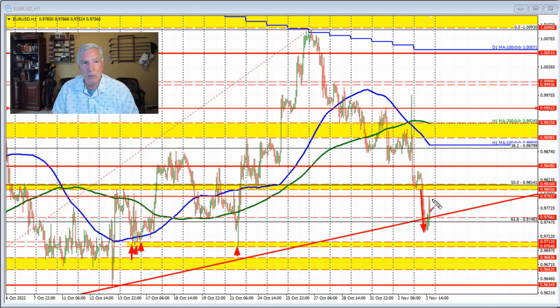But the price did move back to the upside. And what did we find on the corrective move to the upside? Well, what we saw was the price move up to a high near the 0.9794 level right here. And why did the price stall against that level? Well, if you're a trader, you're always constantly looking for low risk trading opportunities, trades where you can risk a little to make more than a little.